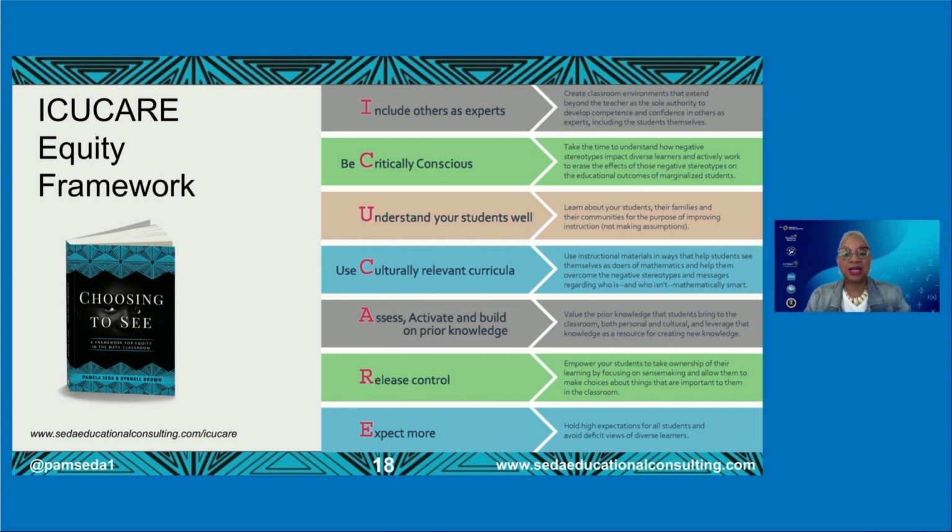I: include others as experts. The first C is be critically conscious. U is understand your students well. The second C is use culturally relevant curricula. A: assess, activate, and build on prior knowledge. R: release control. And E is expect more.